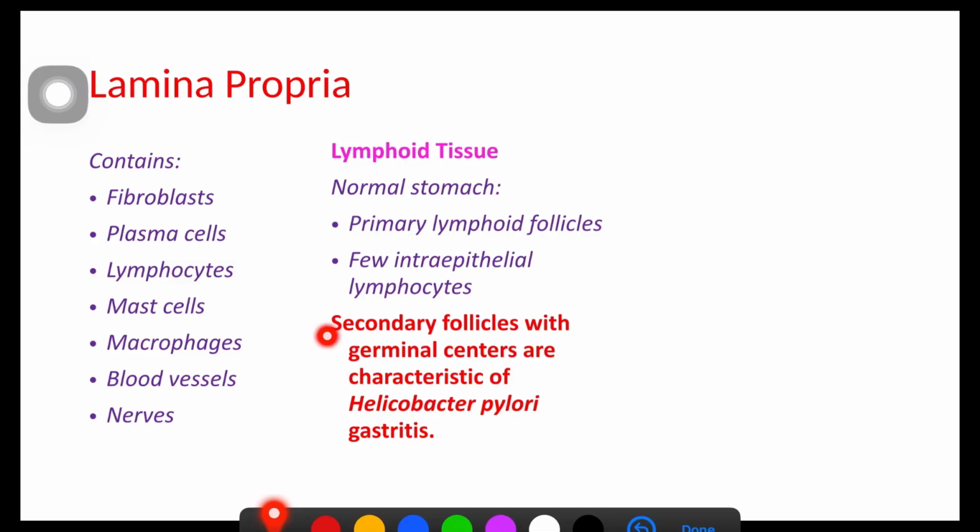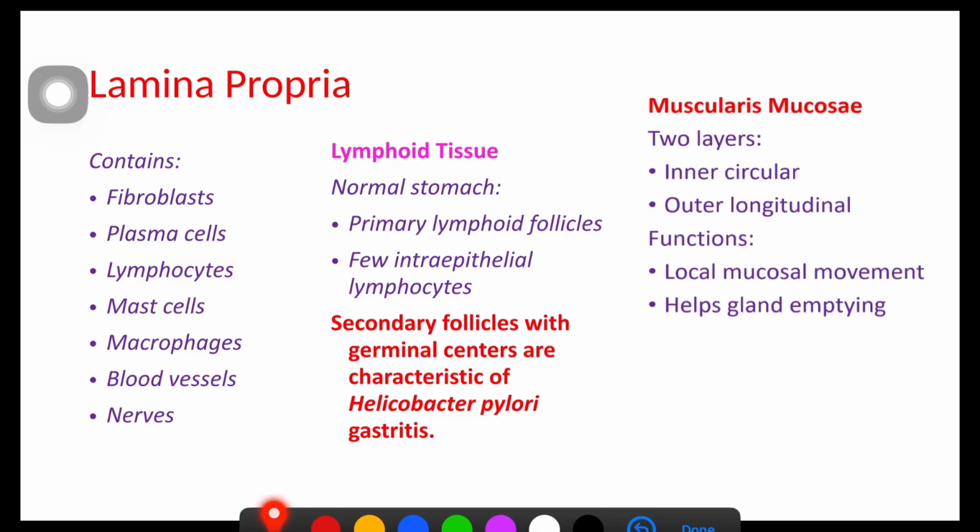But when you find secondary follicles with germinal centers, it is characteristic of Helicobacter pylori gastritis. So whenever you suspect Helicobacter pylori gastritis, you look for secondary follicles with germinal centers in the biopsy.